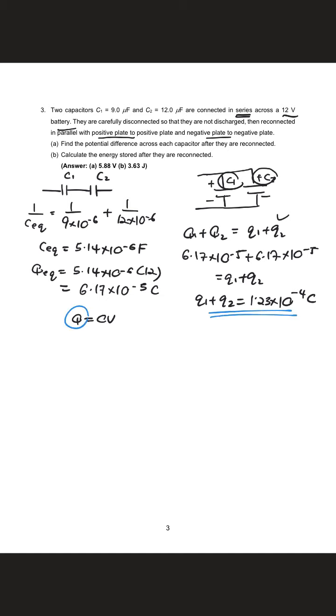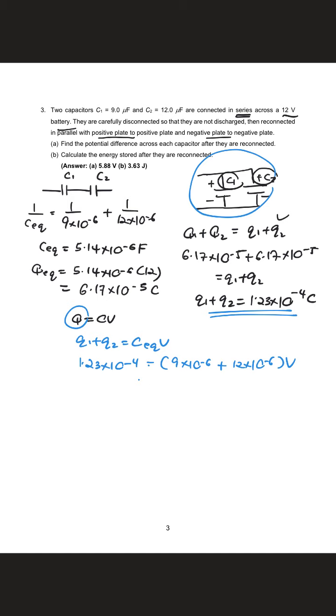Here I'm going to put it as Q1 plus Q2 equals C equivalent times V. So you are going to get 1.23 × 10^-4, and the C equivalent for the parallel arrangement is going to be 9 × 10^-6 plus 12 × 10^-6, for you to find the potential difference. You are going to get 5.88 volt. So C1 and C2, after they are connected, the potential difference will be 5.88 volt.